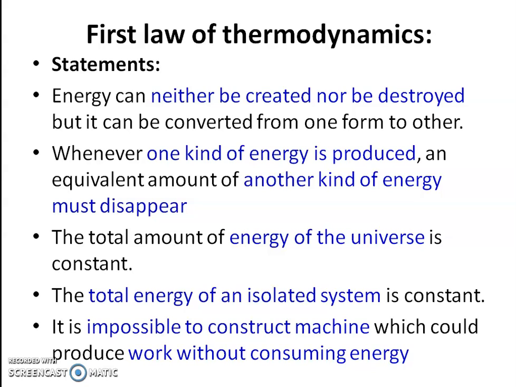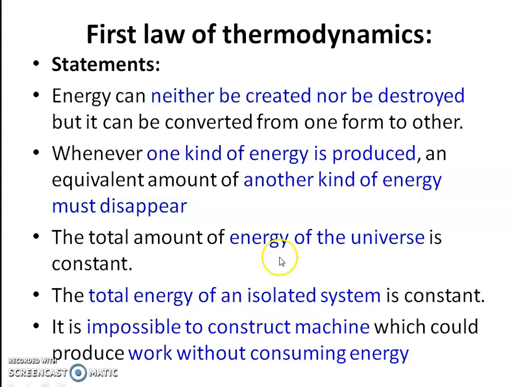At the time of work, there may be a conversion from mechanical energy to work, electrical energy to work, chemical energy to work. So one energy must be converted into other energy or work, but it is not possible to get work without consuming any form of energy.